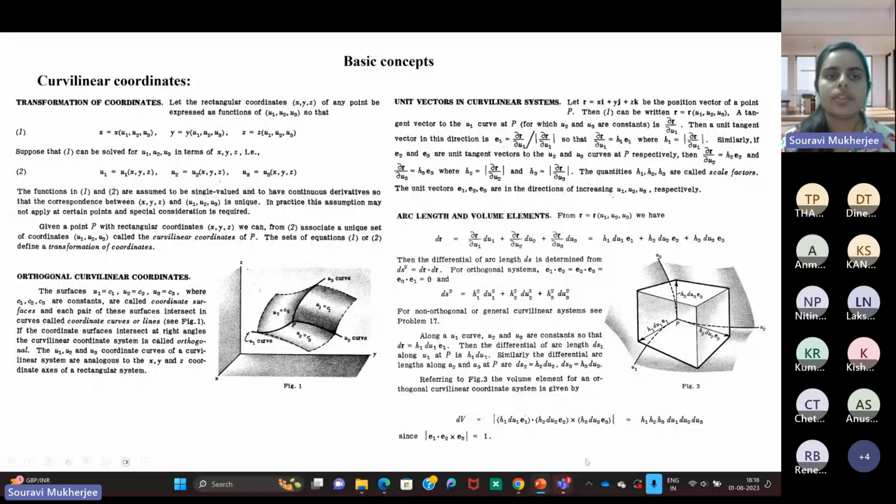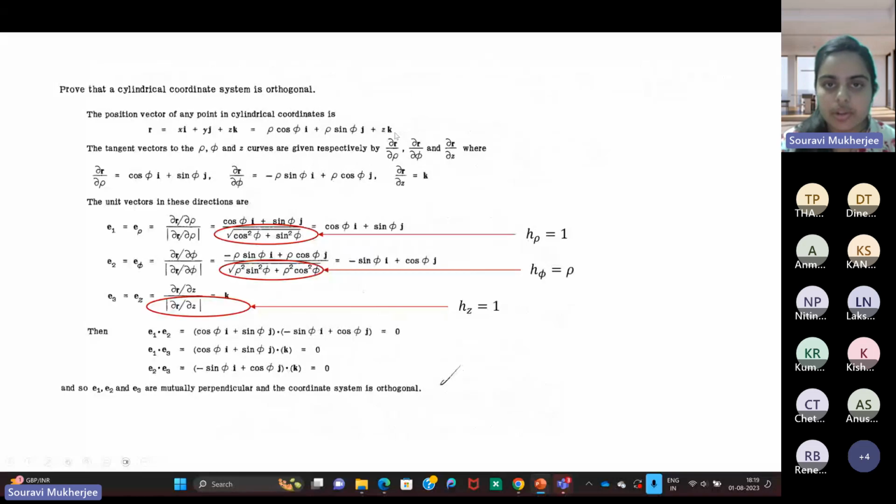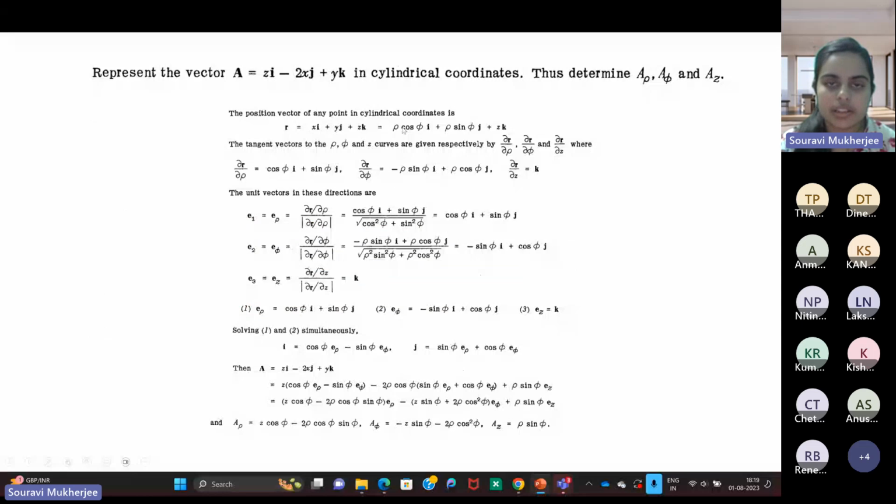Now suppose you have some vector given by A equal to z i cap minus 2x j cap plus y k cap, okay? And you want to represent this in cylindrical coordinates. So how do you do that? You can write x, y, and z in terms of rho, where rho is equivalent to r, the radial component, phi is how your angle is changing in the xy plane, and z is the vertical component.